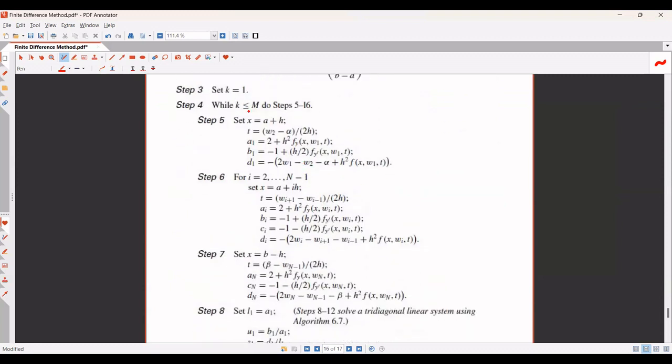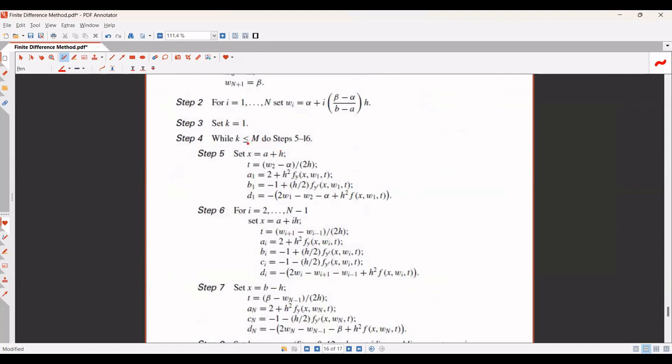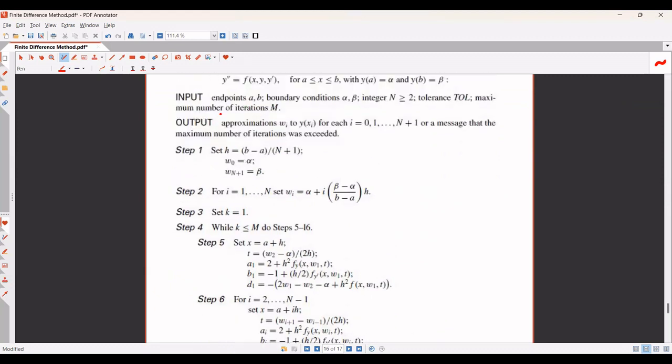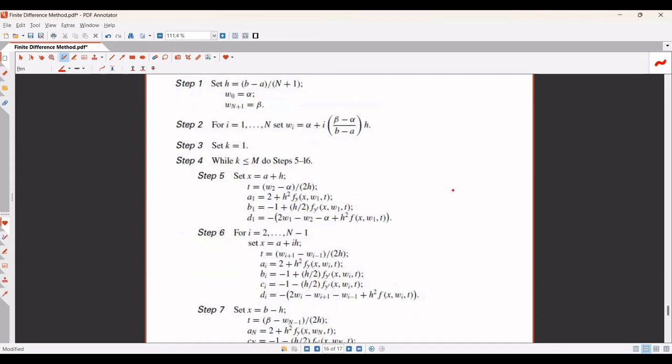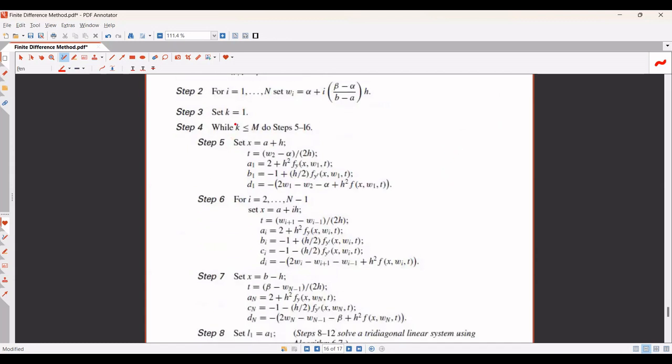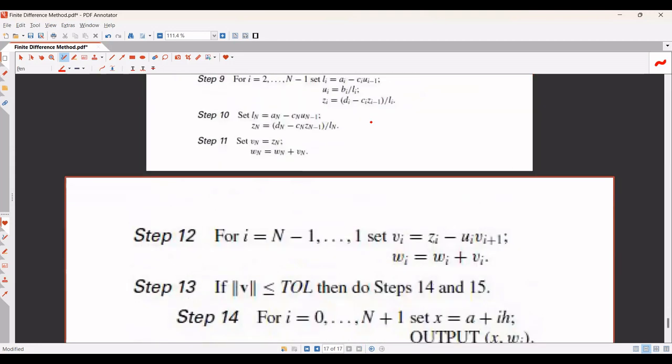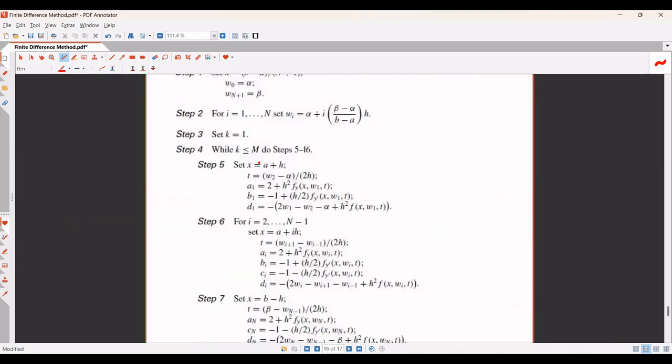You can see that in case of linear, there was no loop involved. But here we have a loop starting from k equals 1 up to m, where m is some maximum number of iterations you decide at the beginning of your code. So the entire idea is executed inside a loop, and the loop is for steps 5 to 16.